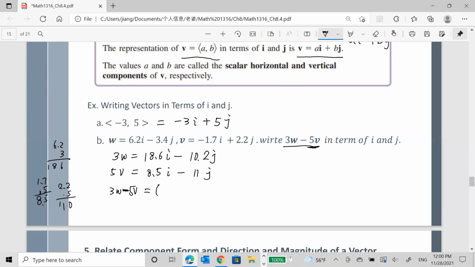That means the i part is 18.6 minus another i is 8.5 i. And then plus this one, this i is negative 10.2. Another part is the j part. Then minus negative 11j.